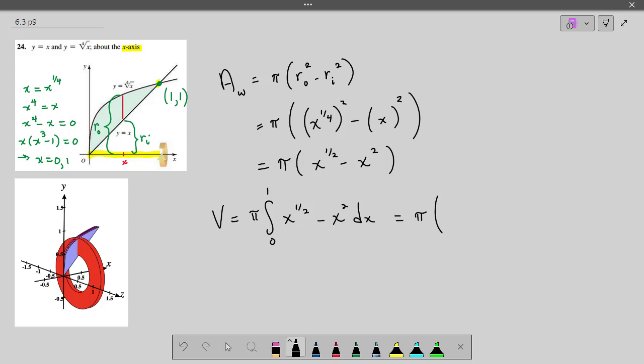Dealing with polynomial-like integration, we add 1 to the exponent and divide by the new exponent. And the interval, 0 to 1. Here, 0 is not going to contribute, so we can focus on the 1.